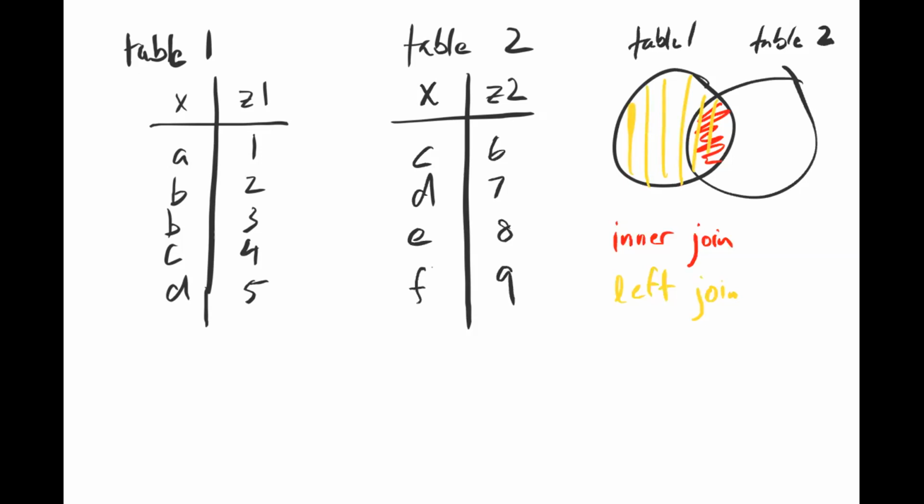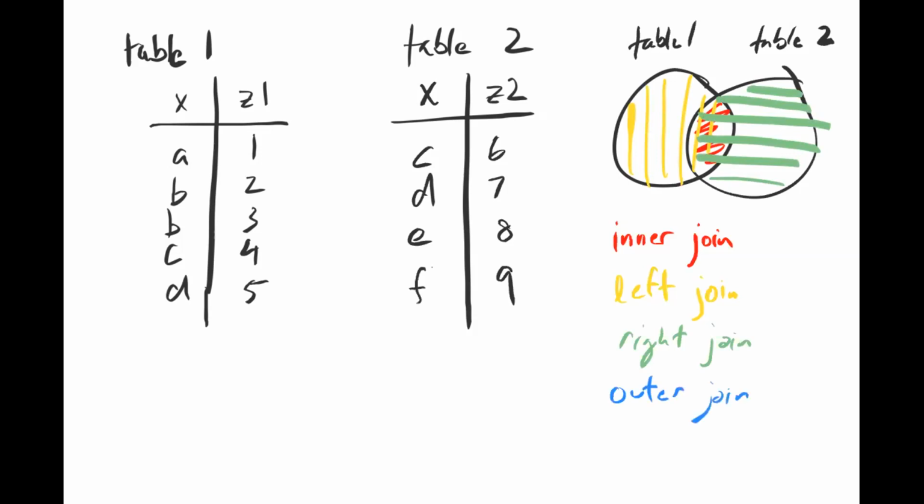Then you've got what's called a right join, and that's going to include everything in table 2 as well as the values in table 1 that are intersecting with it. And then you guessed it, there is the outer join. This is everything, and contains all the data.